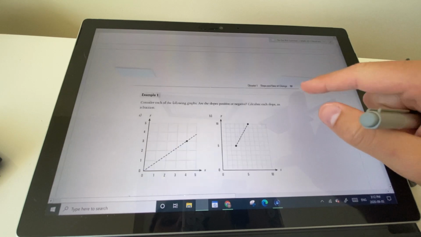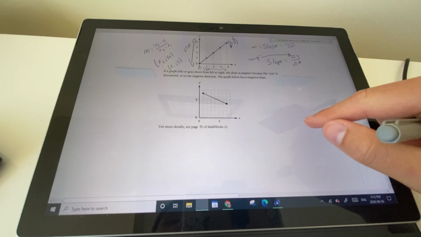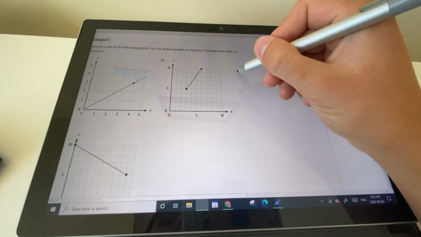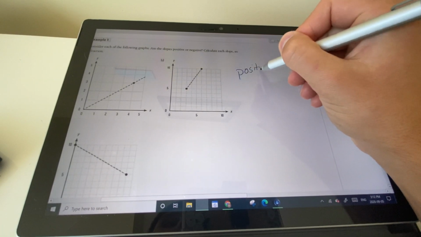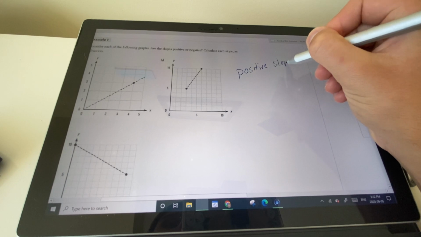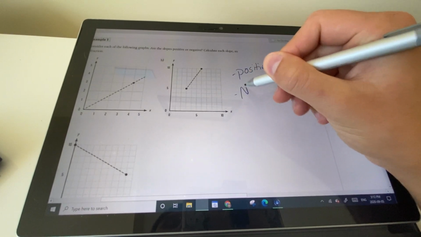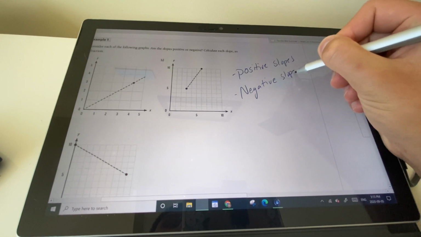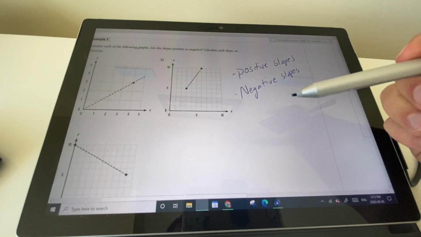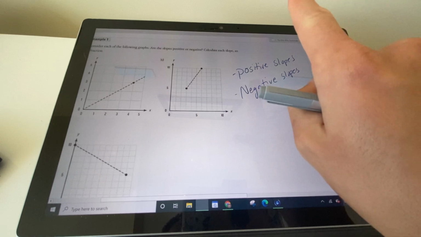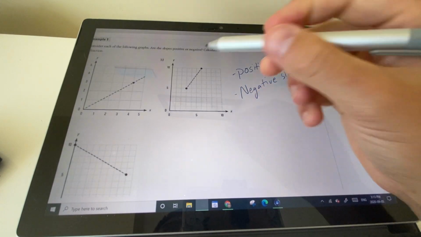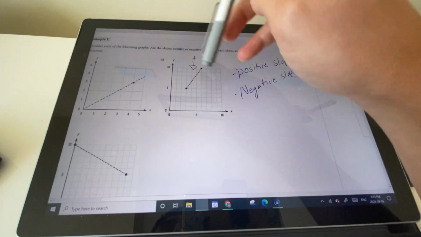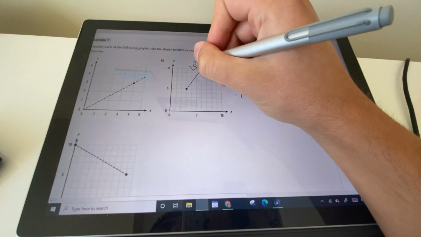Now, you can either have a positive slope or a negative slope. It's not super hard to remember. A positive slope is something that goes up as you move to the right. So this would have a positive slope.